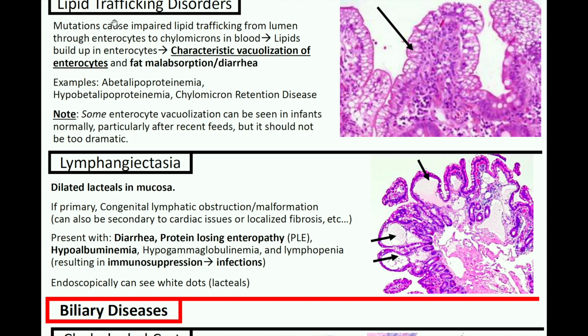So some examples of lipid trafficking disorders are abetalipoproteinemia, hypobetalipoproteinemia, and chylomicron retention disease. So of note, some enterocyte vacuolization can be seen in infants normally, but particularly after recent feeds, but it should not be too dramatic.